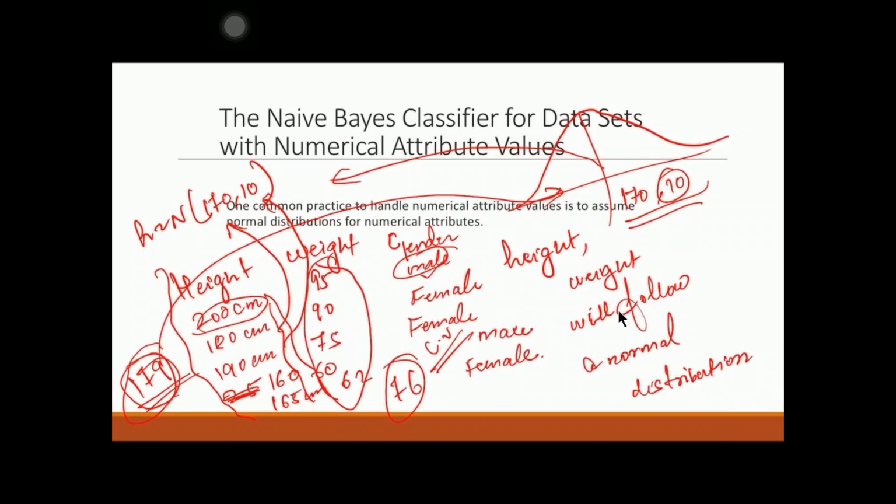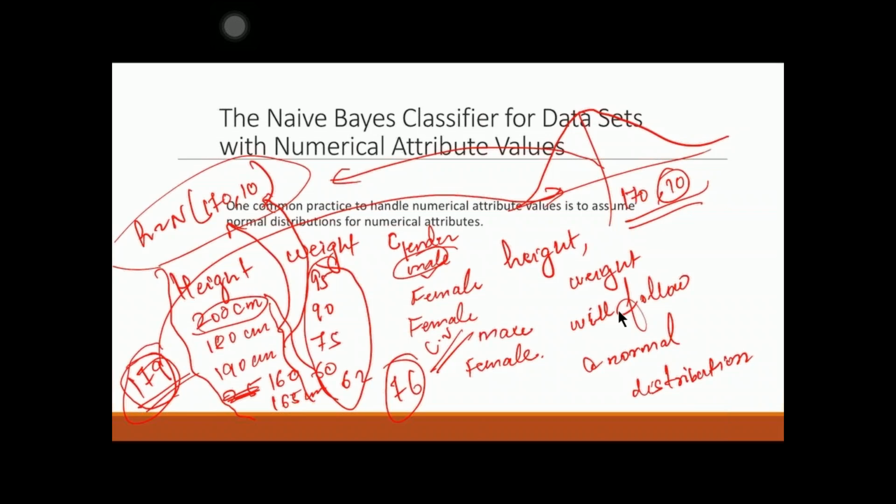Accordingly, you get the probability that the person is a male. Similarly, from a female, you get the probability that the person is a female. Do you understand this? Yeah, this is the same bell curve you described in the first or second session. Correct.